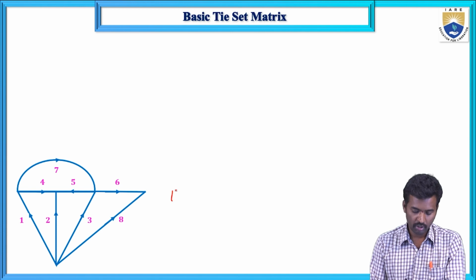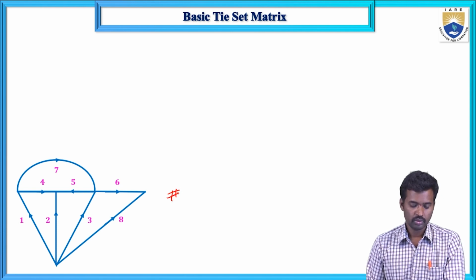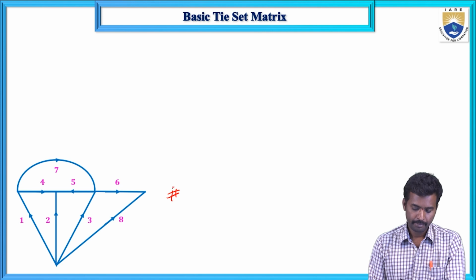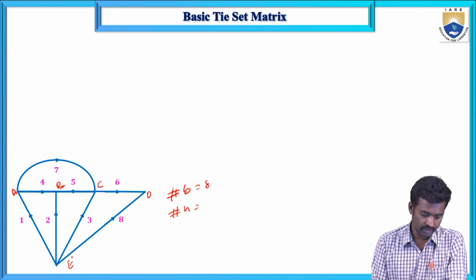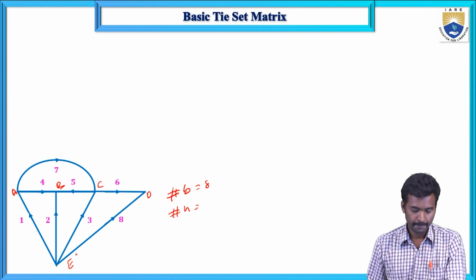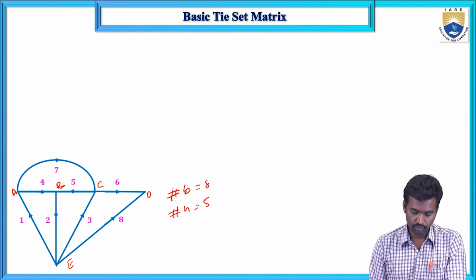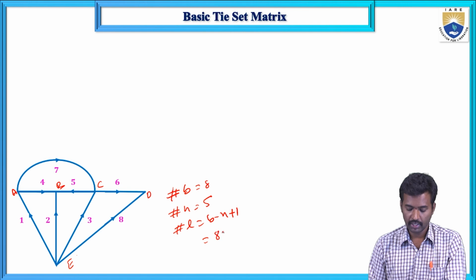So now the possible number of branches here is 8, and the possible number of nodes are A, B, C and D, and this is E. Now here this is 5 nodes, and number of links equals b minus n plus 1, 8 minus 5 plus 1, that equals 3 plus 1, that is 4.